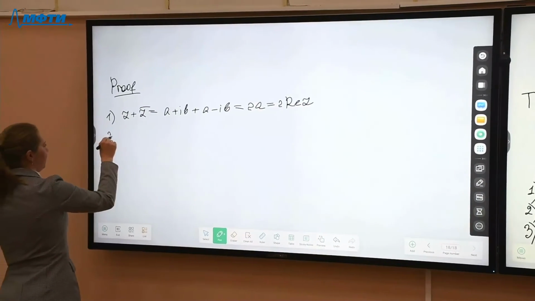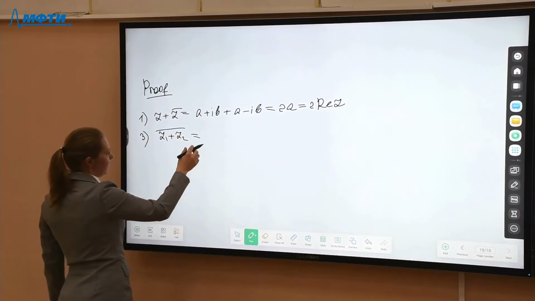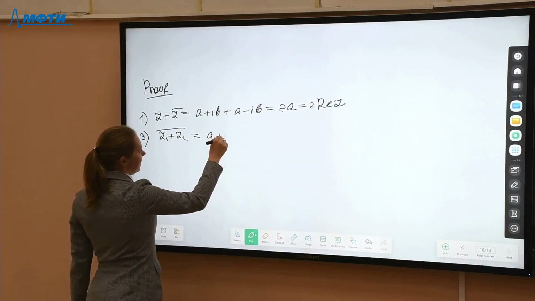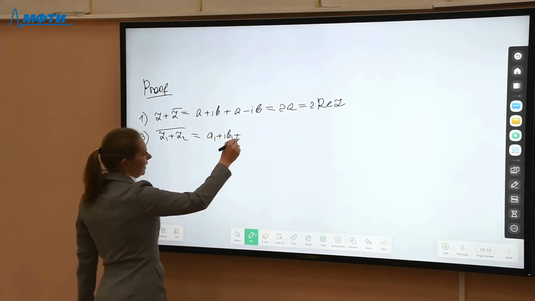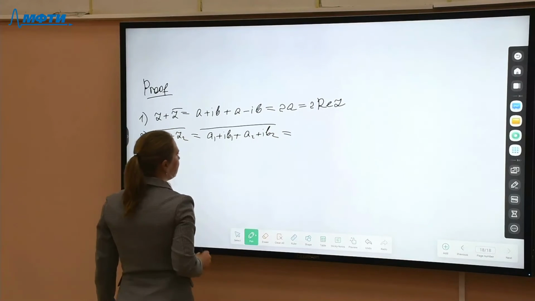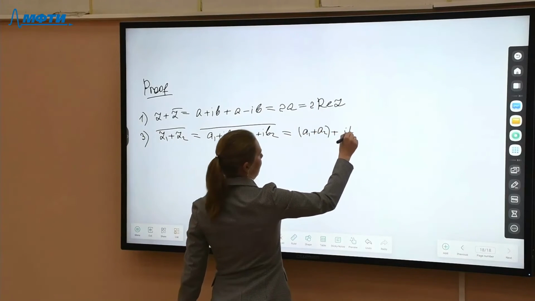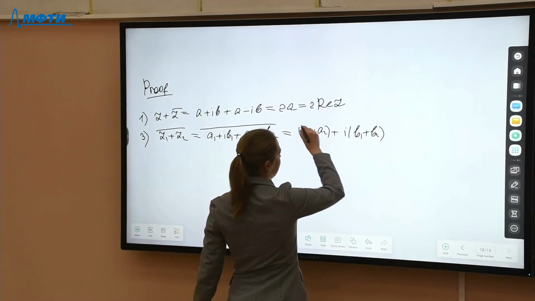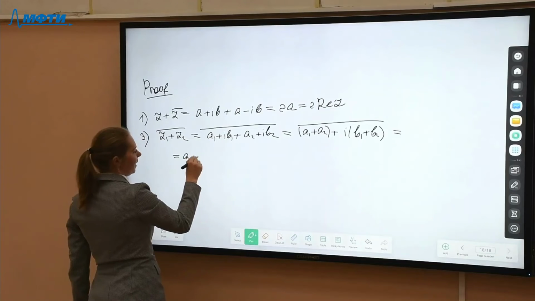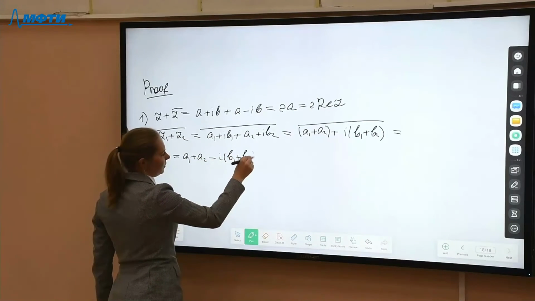Now part 3, z1 plus z2 conjugate. z1 is a1 plus ib1, and z2 is a2 plus ib2. Okay, conjugate. This is a1 plus a2 plus i times b1 plus b2, conjugate. And by the definition, this is a1 plus a2 minus i times b1 plus b2.